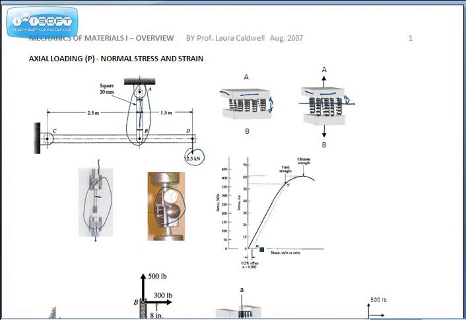We develop a curve using more force and looking at the amount the sample is stretching, and we plot the amount of stress and the amount of strain so that we get a stress-strain curve.